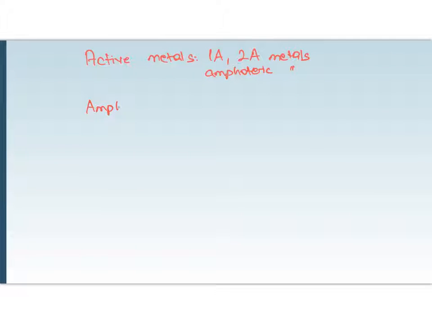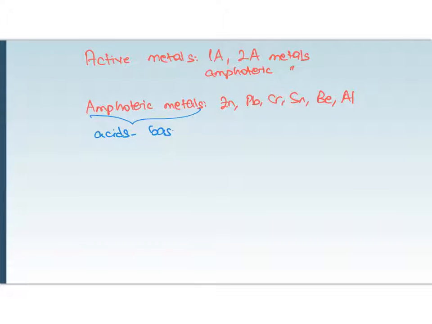You have amphoteric metals. You have zinc here, lead here, chromium, tin, beryllium, and aluminum. Amphoteric means they can give reaction both with the acids and bases, no matter whether they are strong or weak.